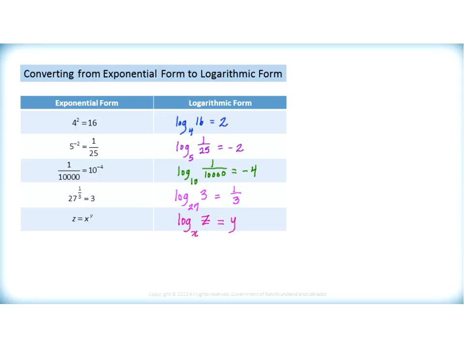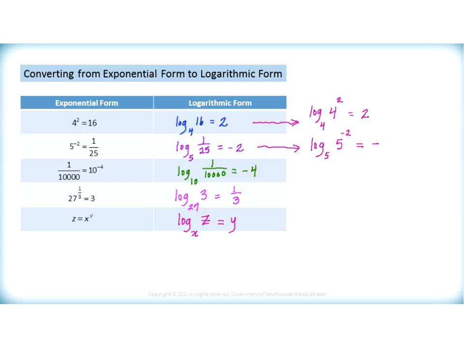I want to just look at an example here from this first one. Here you have the log with a base of 4. And note that you can write the number 16 as 4 squared. It's equal to 2. Similarly, we can write the next example, 1 over 25 with a base of 5. 1 over 25 is the same as 5 raised to the power of negative 2.